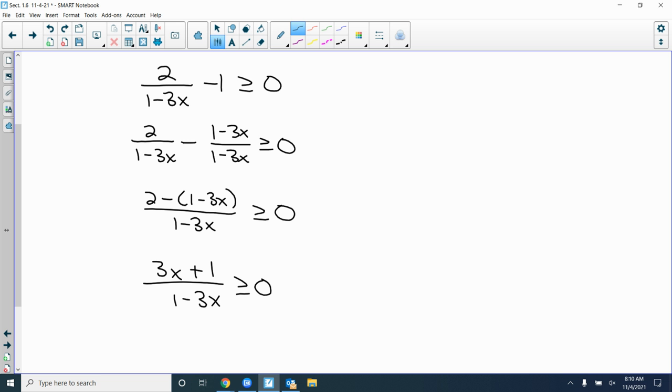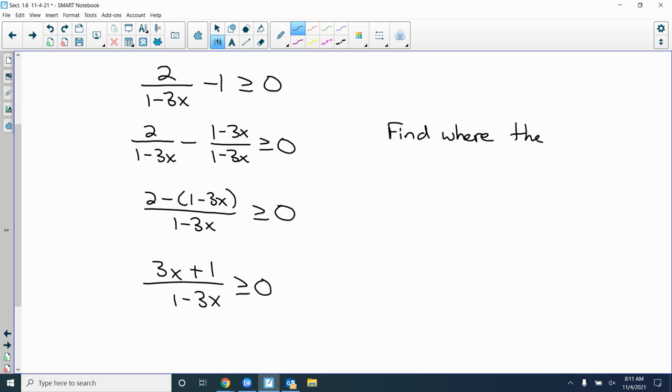At this point, it becomes the same problem as we just did. Find where your numerator equals 0, and find where your denominator equals 0. Those are your critical points. So let's do that now.